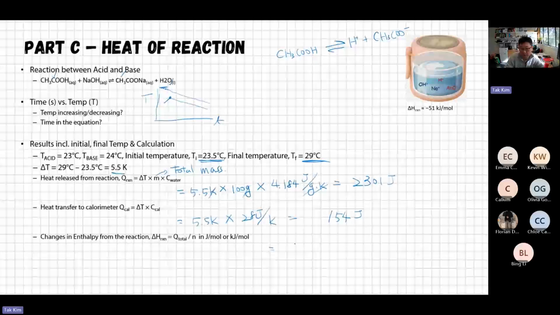And then when it comes to the enthalpy from the reaction, it'll be pretty much the same process. So it will be 2301 plus 154 joules divided by the moles. So the enthalpy I should have will be about 49 kilojoules per mole.